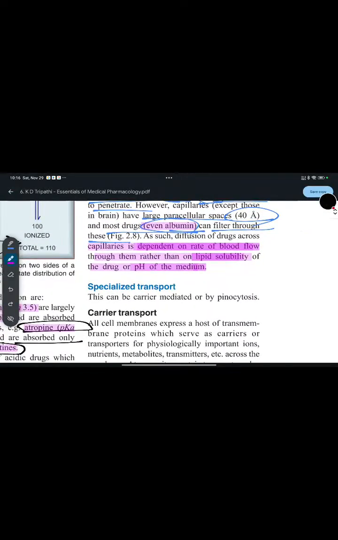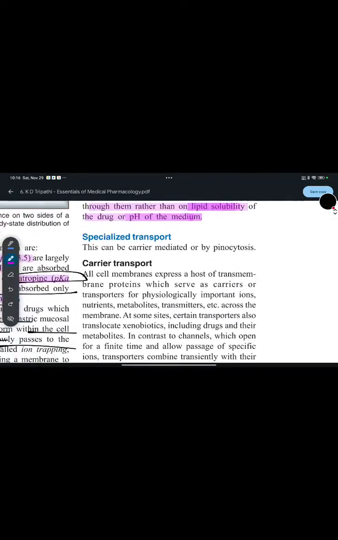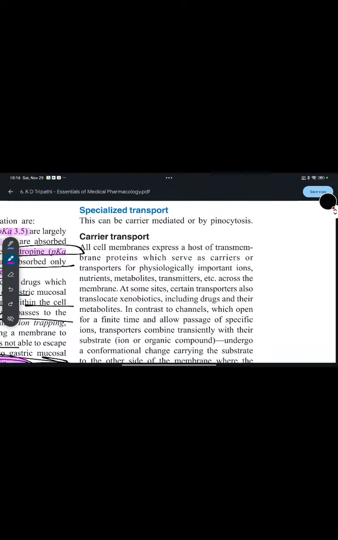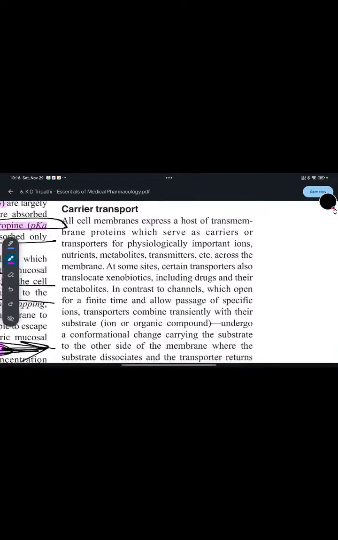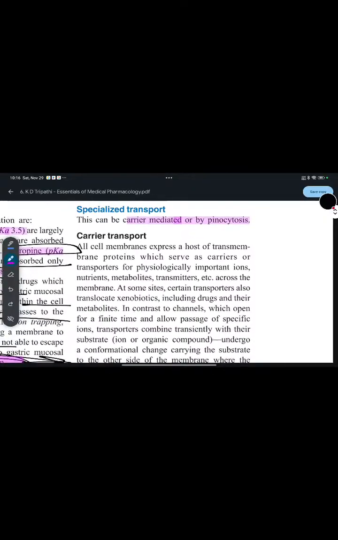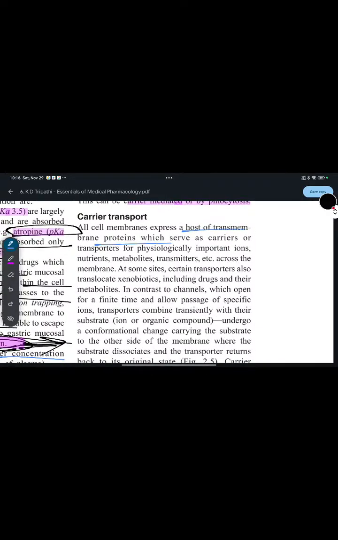Now specialized transport, such as carrier transport, is also called carrier mediated transport. In carrier transport, all cell membranes express a host of transmembrane proteins which serve as carriers or transporters for physiologically important ions, nutrients, metabolites, transmitters, etc. across the membrane.